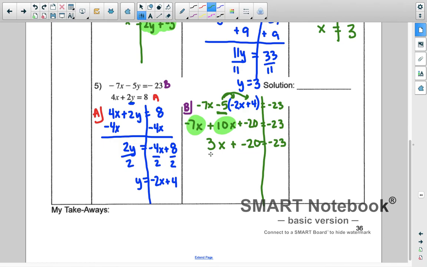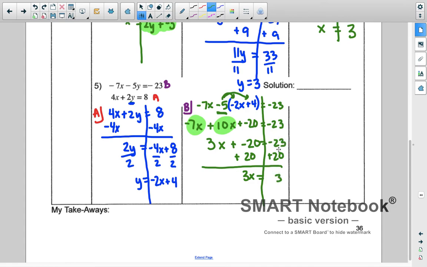And then we're going to get x by itself. So we're going to keep that 3. We undo this adding negative 20. So we're going to add 20 to both sides. And we are left with this 3x equals negative 23 plus 20. They're different, so we would subtract. 23 minus 20 is 3.